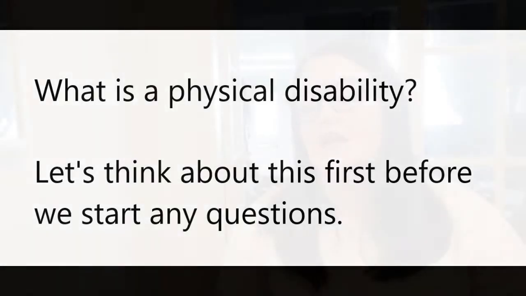Okay, so physical disability, what does it mean? The definition under the Equality Act of 2010 says you are disabled if you have a physical or mental impairment that has a substantial and long-term effect on your ability to do normal day-to-day activities.